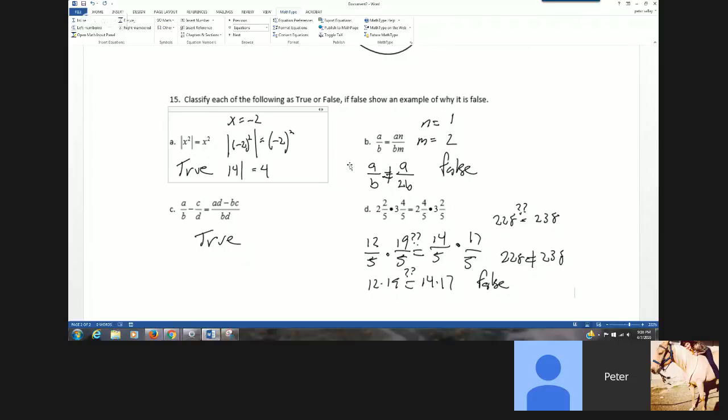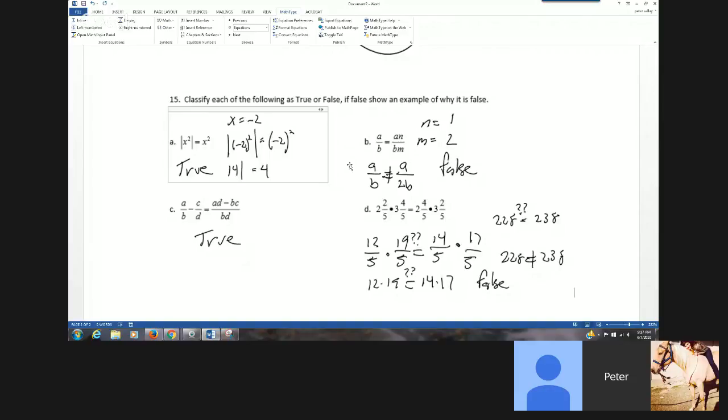Whatever I pick for a is going to be true on the left and the right. But m and n are not on the left. So that means I get to pick any number I want for n and m. Obviously I could pick numbers where they match, but I'm looking for a counterexample. So I just picked two numbers that were different. Easiest two I can think of to work with are 1 and 2.